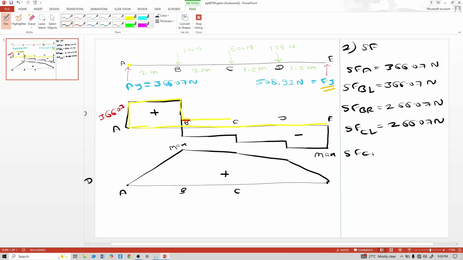So shear force at C just right is 266.07 minus 600, that is minus 333.93 Newton. So like this. So erase it.